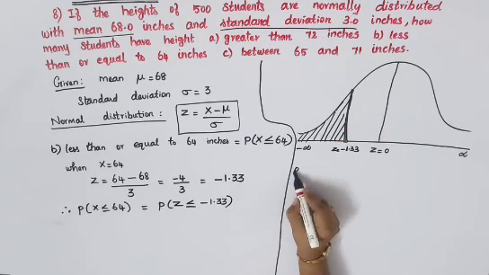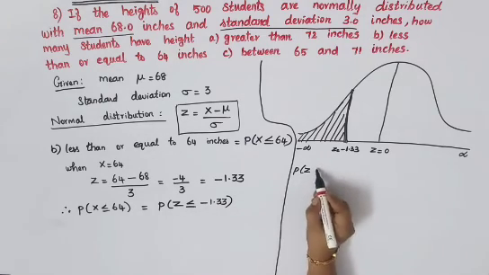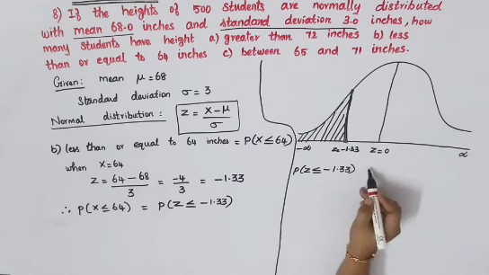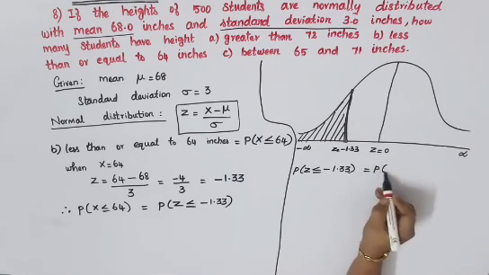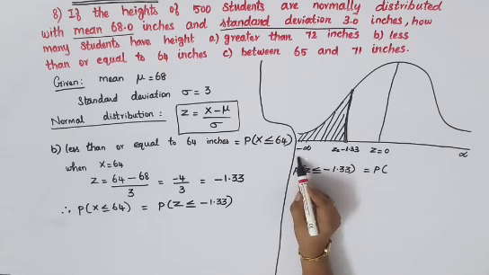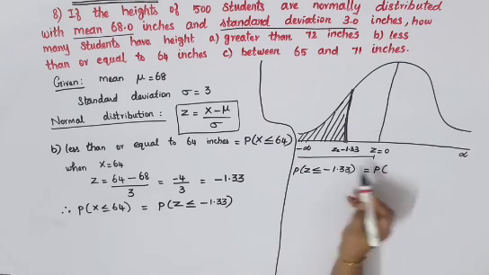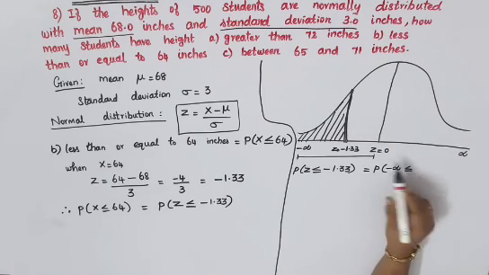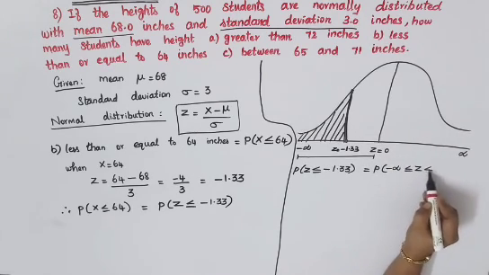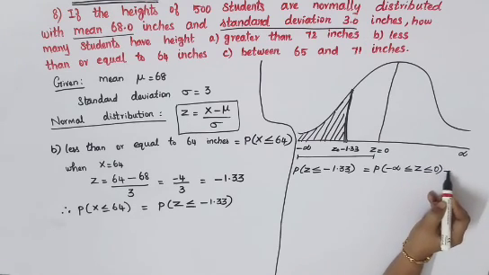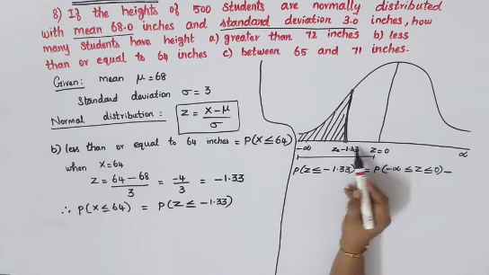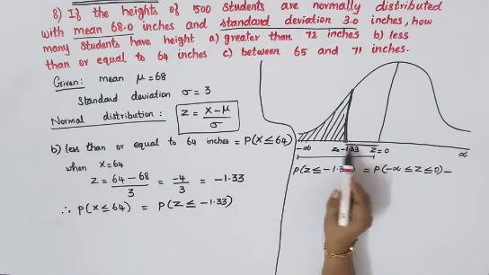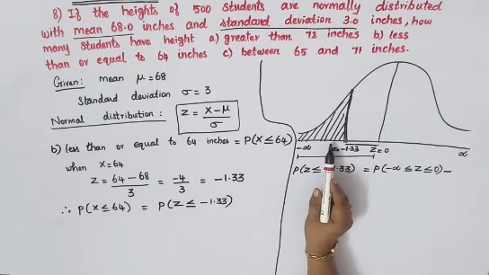So now P of Z less than or equal to minus 1.33, you can split up like this. P of minus infinity to 0 is this whole region from here to here, so I can write it as minus infinity less than or equal to Z less than or equal to 0, minus this region. The whole thing minus this, if you subtract it, gives you the region which is needed.